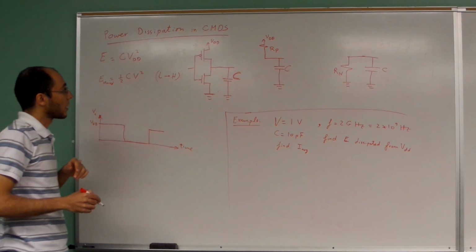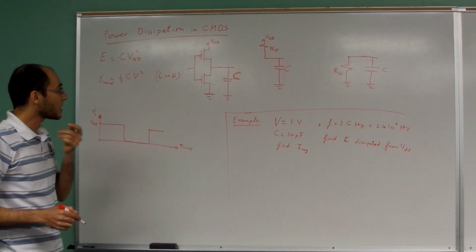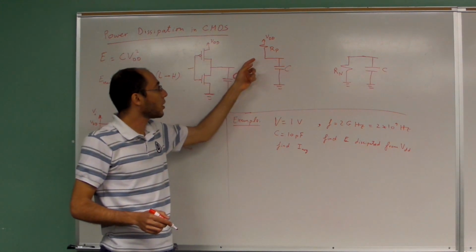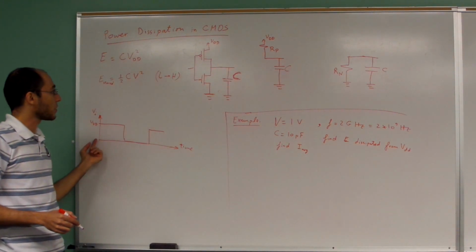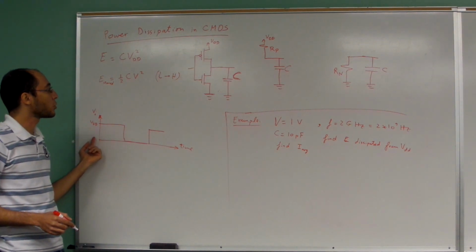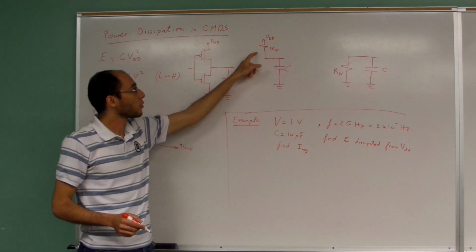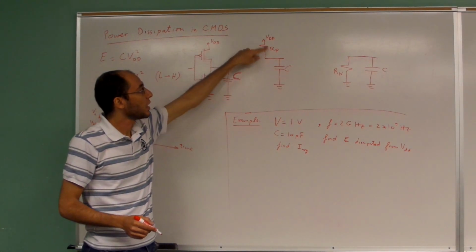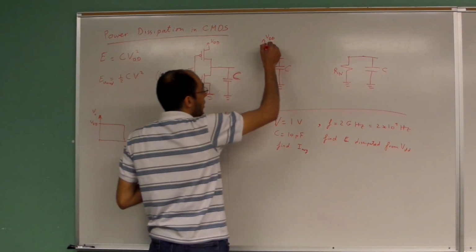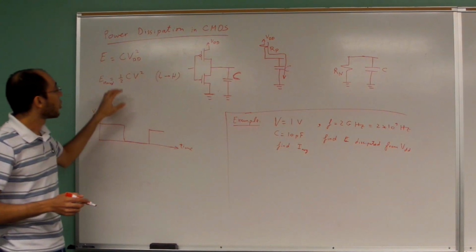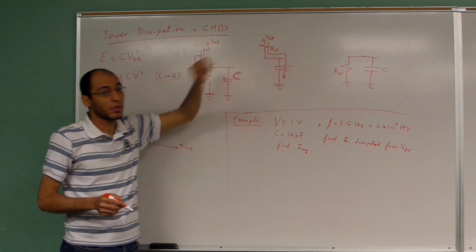All right? Okay. So, what does it really mean to have this value? Well, when the MOSFET is going from low to high, you expect a charging of the capacitor. From low to high, you expect that the VDD is going to charge the capacitor. And actually what happens is that an amount of energy is dissipated from VDD.